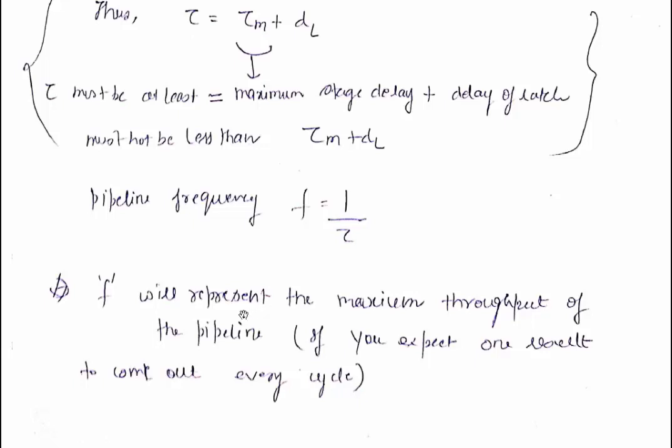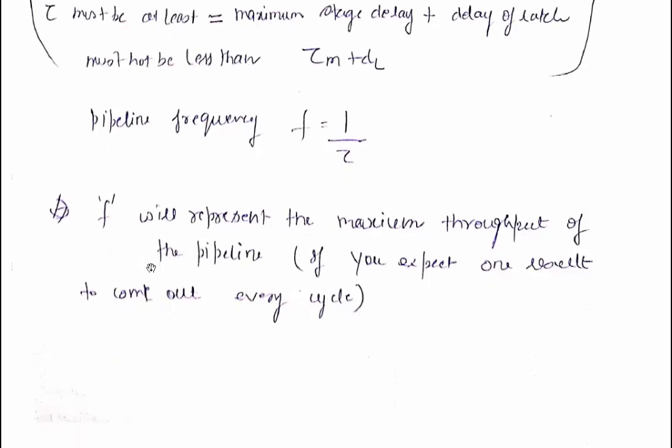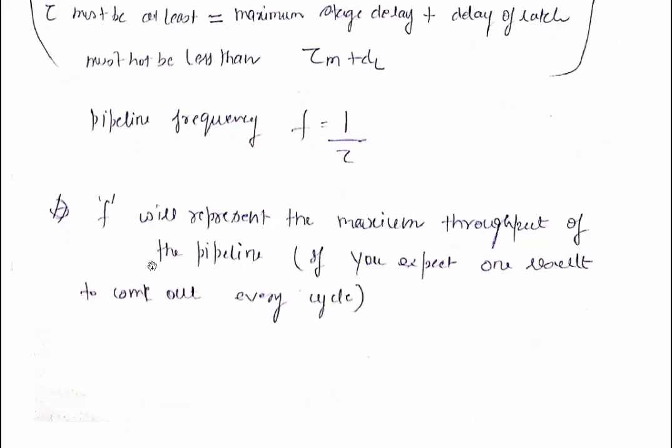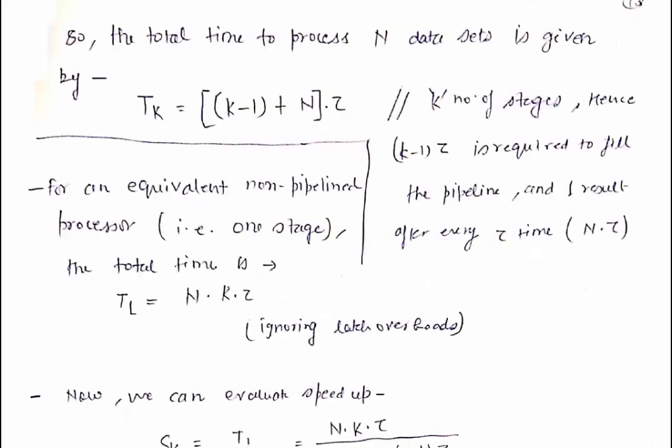That means if you expect one result to come out every cycle, I have already given you the wash, then dry, then iron example. If you wait for 2 clock cycles, after that you will be getting a result after each clock cycle. So this pipeline frequency will also represent the maximum throughput of your processor or pipeline.